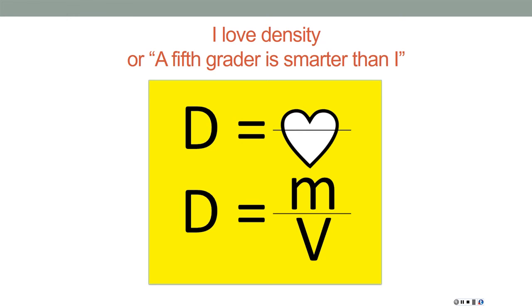That if you draw a heart, the top of the heart makes the M, and the bottom of the heart makes the V. So that's the way she remembers it to this day. That's how I remember it. The D in the heart, and M over V for you. So if you're ever confused, just remember that I love density, and then you've got the formula right there.